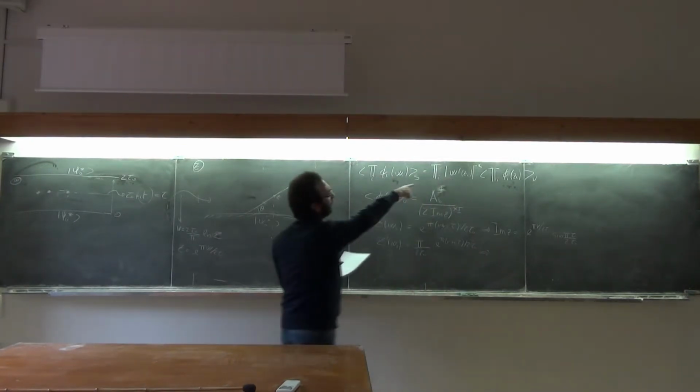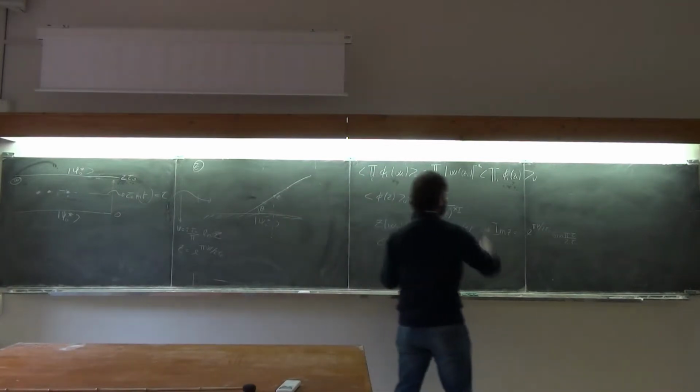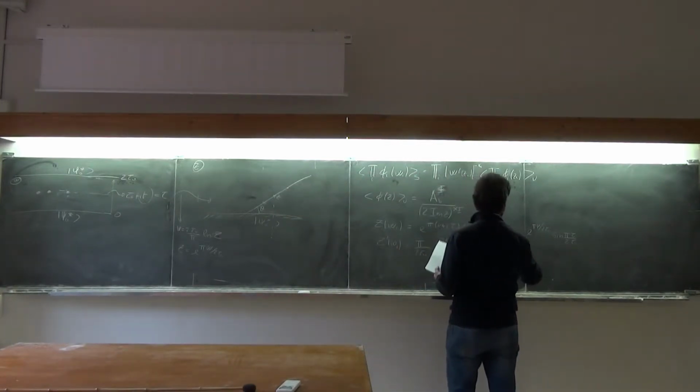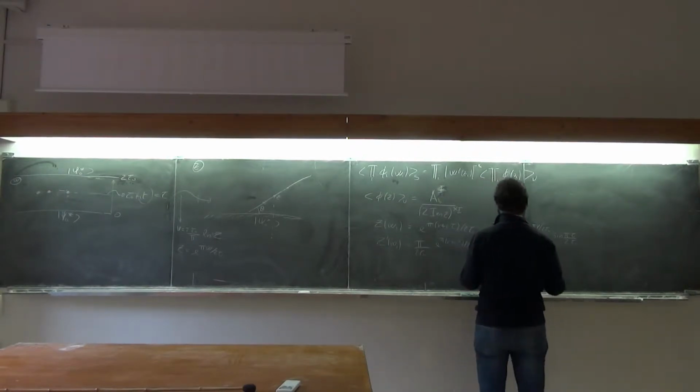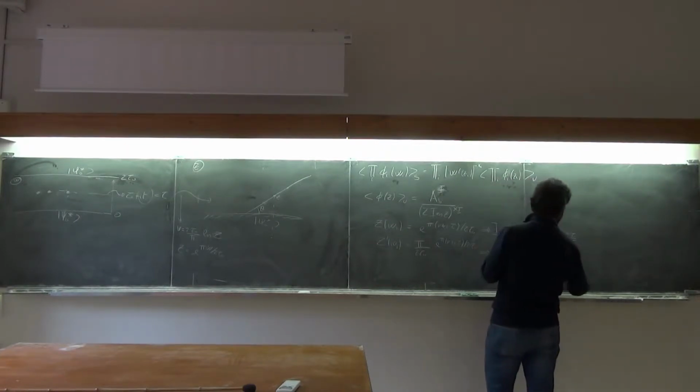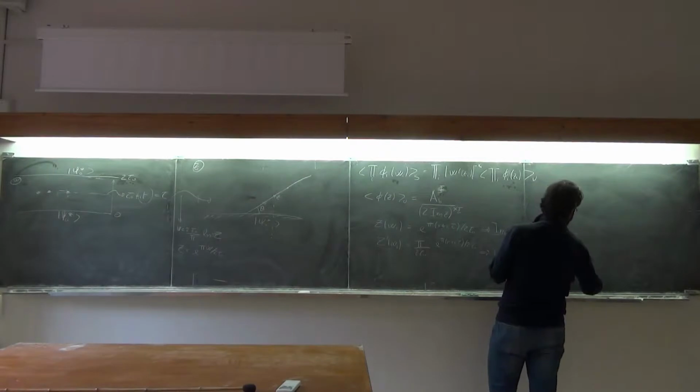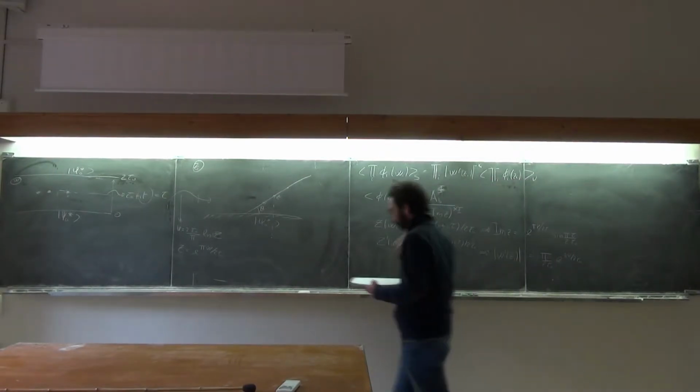And what we are interested in is this absolute value, which is pi divided by q tau naught times e to the pi r divided by q tau naught.